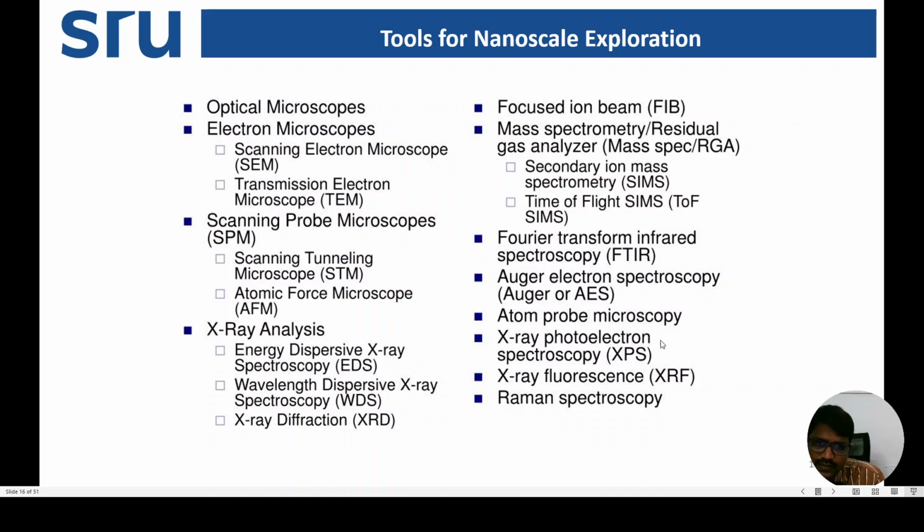So we need all these devices, techniques and methods to study nanoscale materials. Electron microscopes, optical microscopes, XRD, X-ray analysis: these are all essential devices, essential tools.